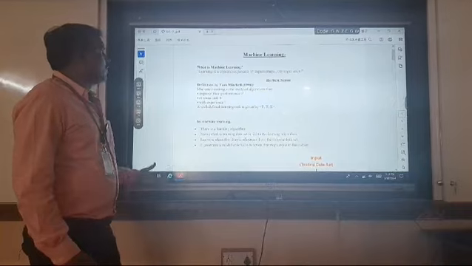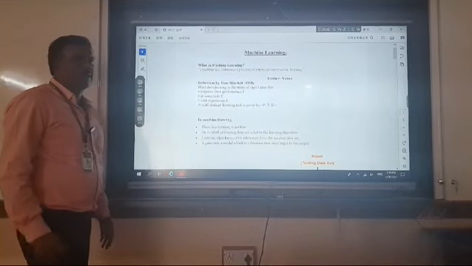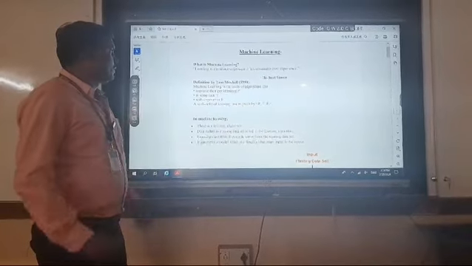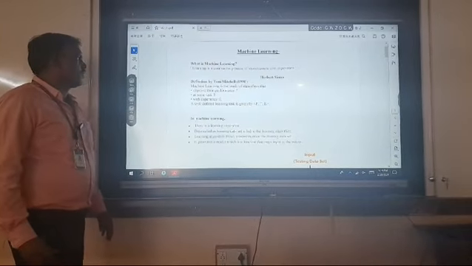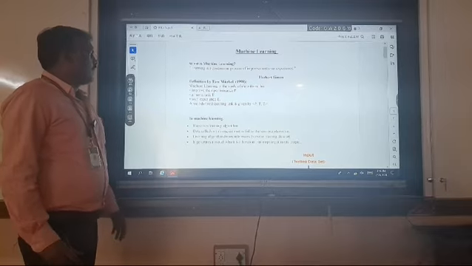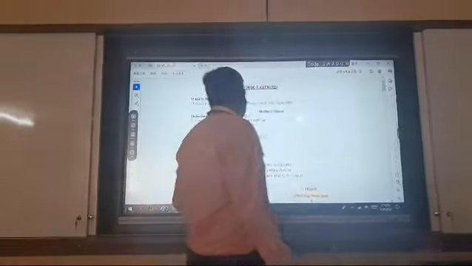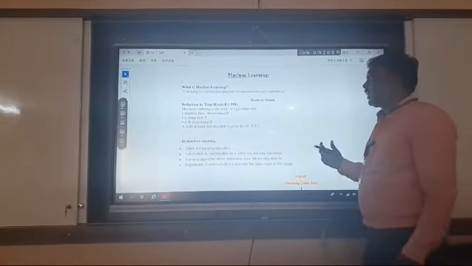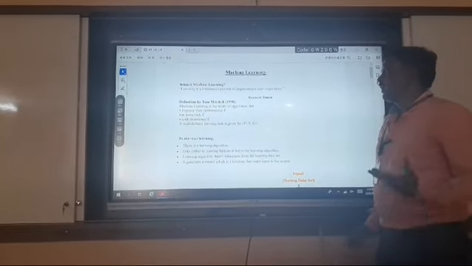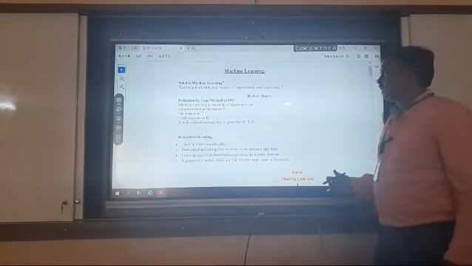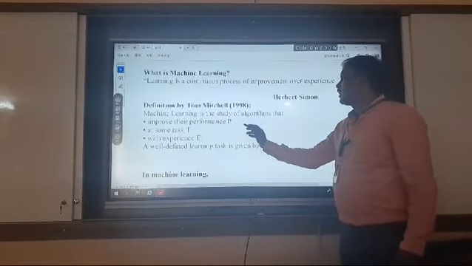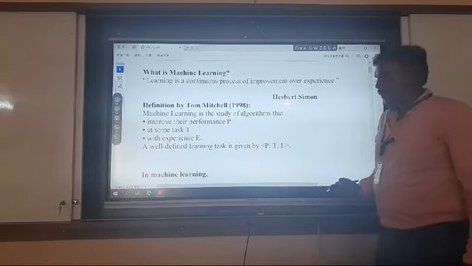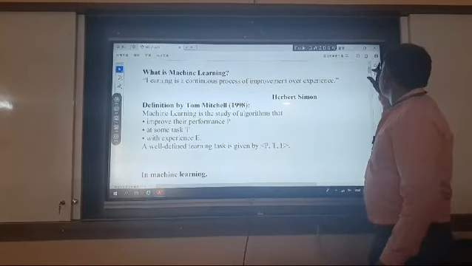According to Tom Mitchell, machine learning is the study of algorithms that improve their performance P with some task T and with some experience E. These three terms together define a well-formed learning task, where P is performance, T is task, and E is experience.